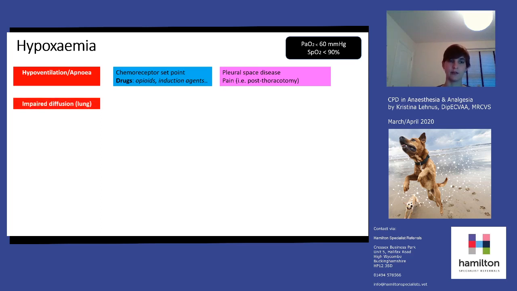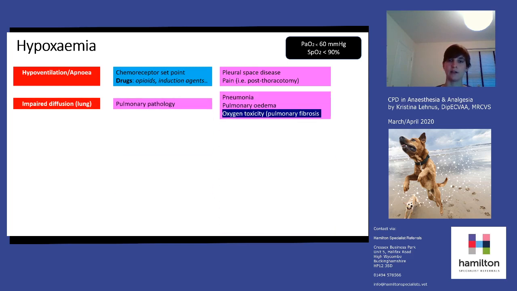Then there's impaired diffusion. So that's with lung disease really, so pulmonary pathology, but we can also have the iatrogenic side of that, so oxygen toxicity, particularly in people being ventilated with 100% oxygen for over 24 hours, shows signs of fibrosis, and that then actually impairs diffusion significantly. And then pneumonia and pulmonary edema as well.